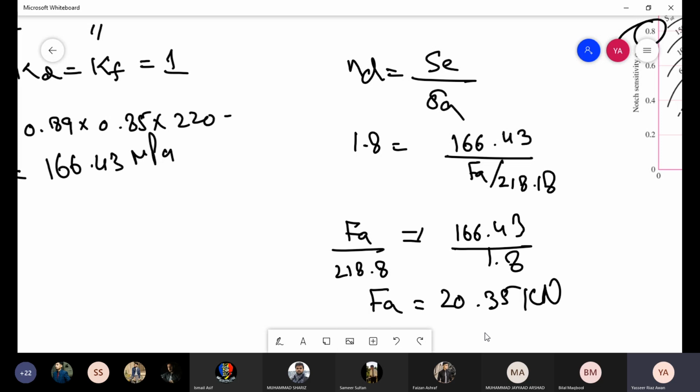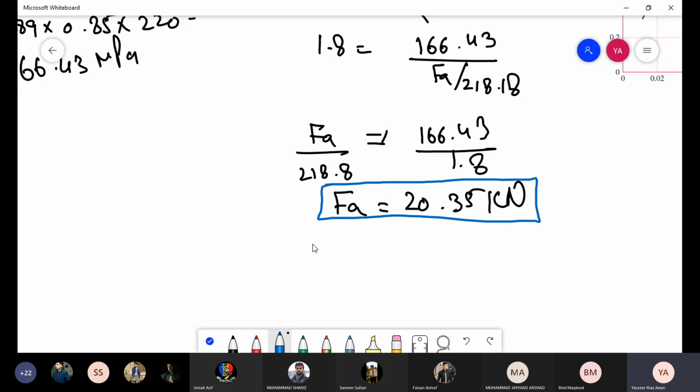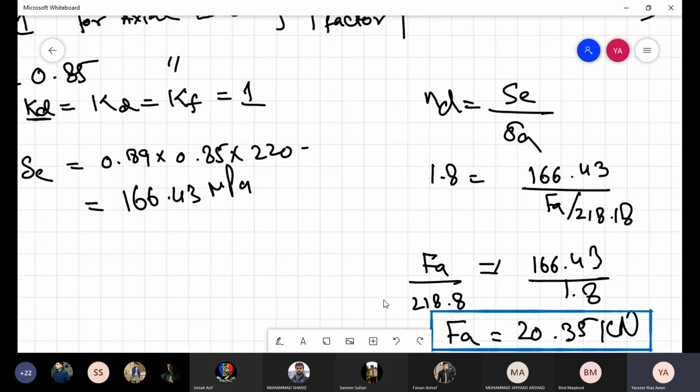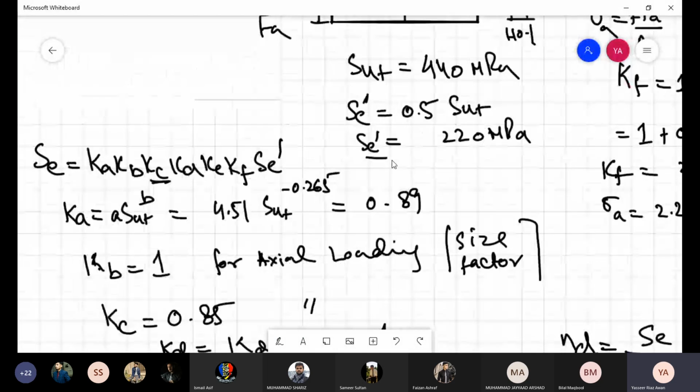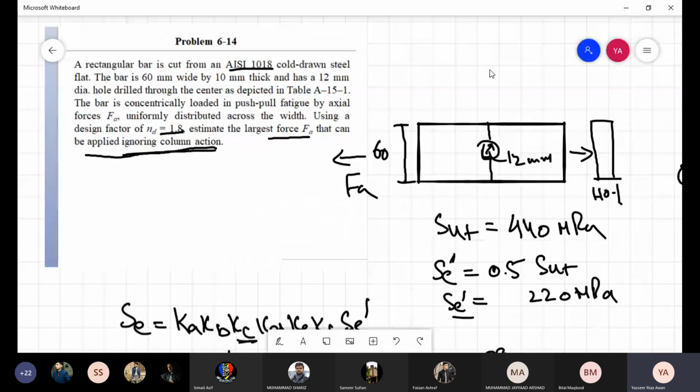So that is the maximum alternating load that we can apply without causing fatigue failure. Okay. For this kind of geometry in AISI 1018 steel.